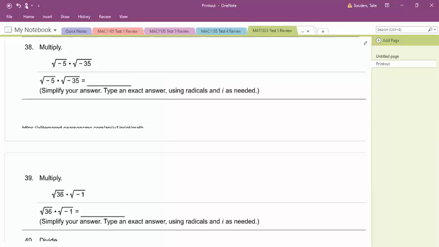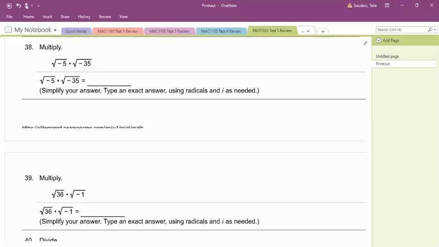So the first thing you need to do is actually simplify each radical, and then you can go ahead and do the multiplication. If you multiply them as is, it's very possible that you'll get the wrong answer. So you might get the right answer, but you might also get the wrong answer. So it's better to aim for the right answer every time, by simplifying them first.